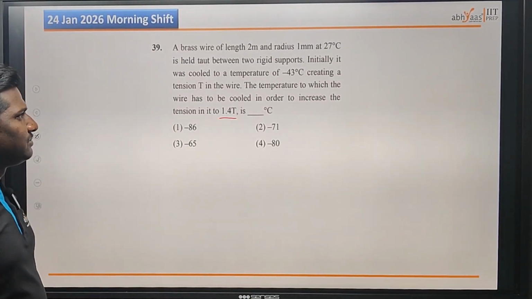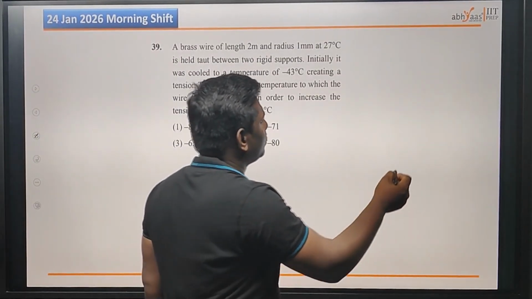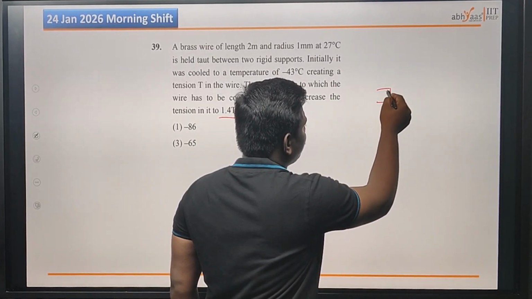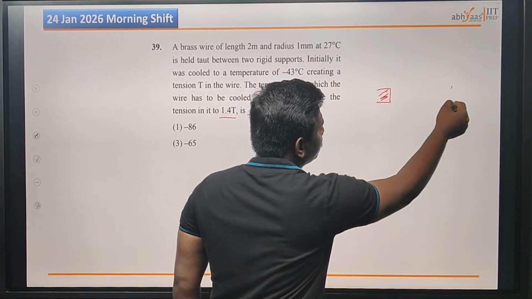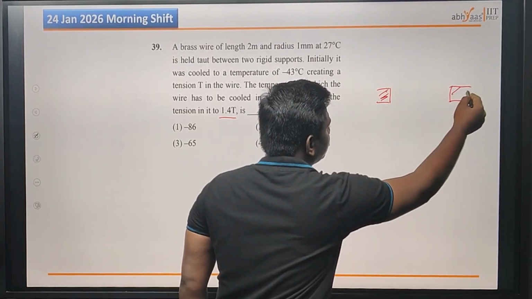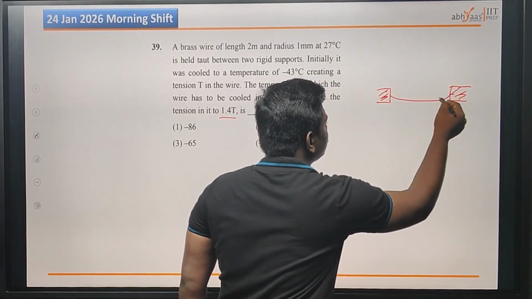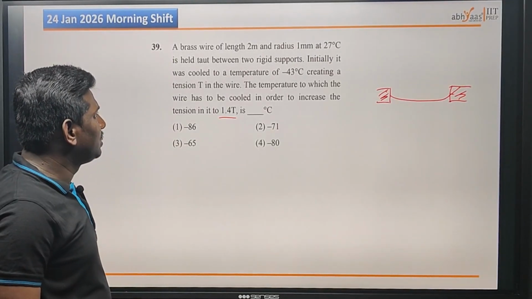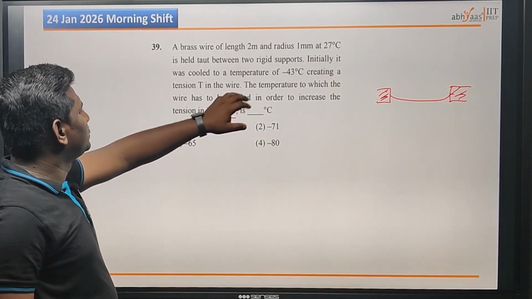So what they are asking, we have one wire in a rigid support at 27 degrees.